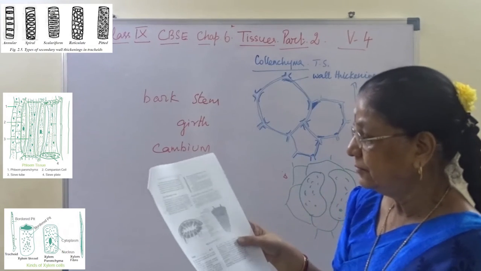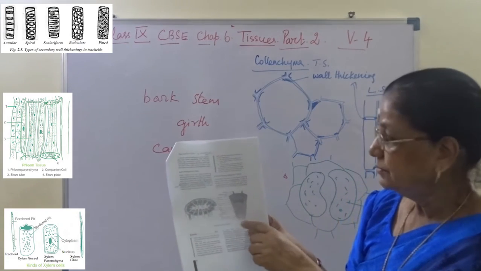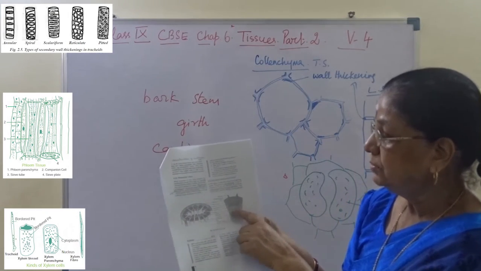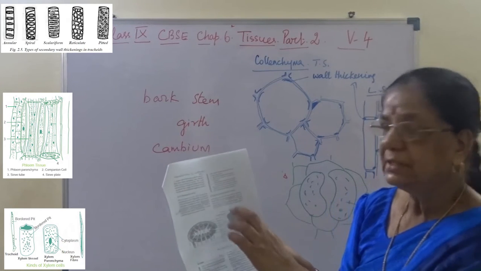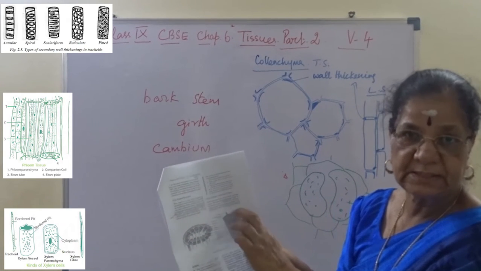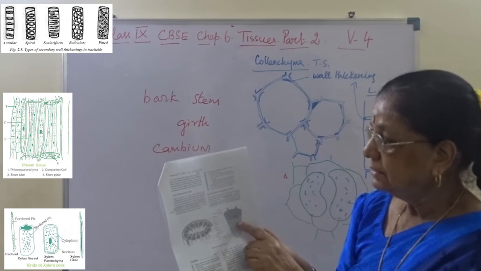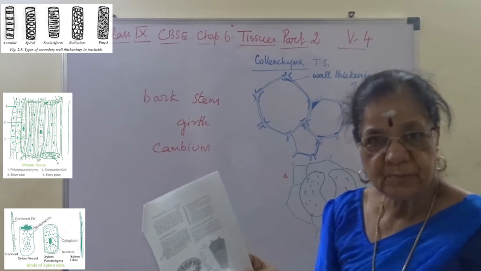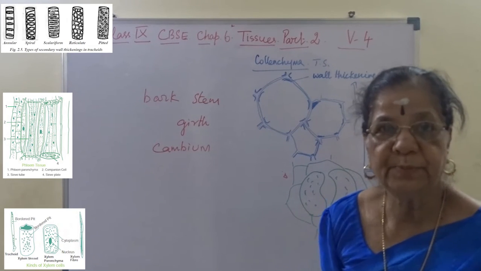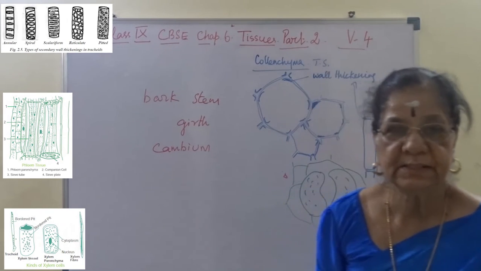In this diagram, this portion is called cambium. This is an enlarged vascular bundle structure. This portion, cambium, will help in secondary thickening.